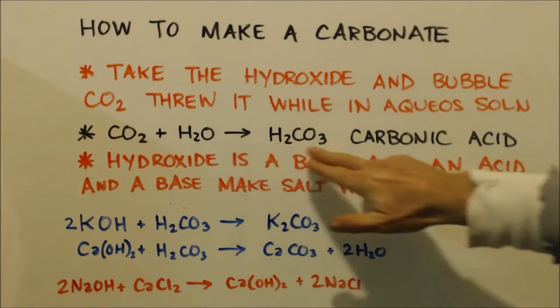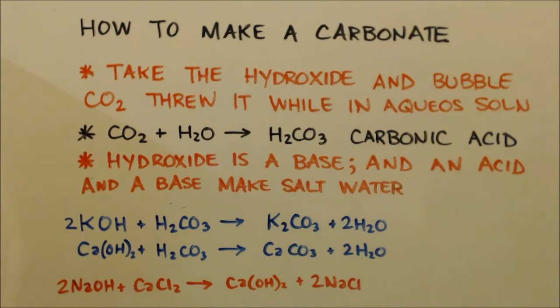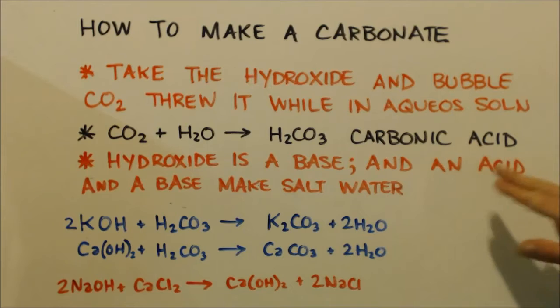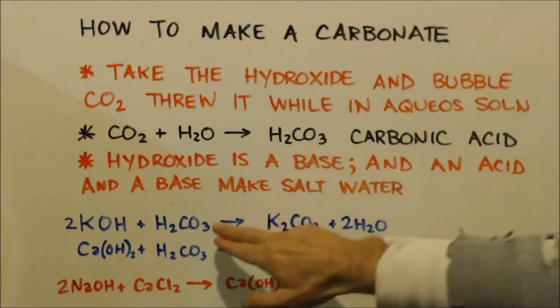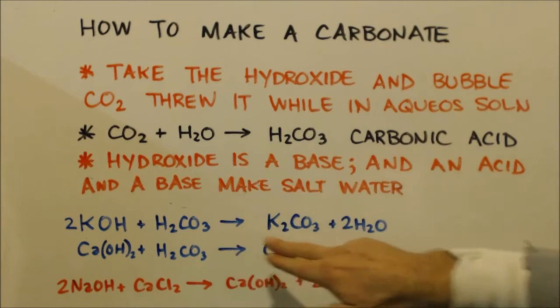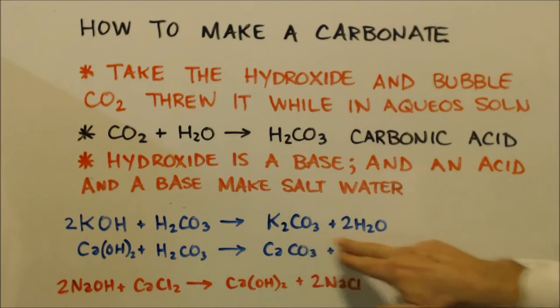CO2 and H2O make carbonic acid, right? And a hydroxide's a base and carbonic acid's an acid, and an acid and a base make salt and water. So look at these examples. I got potassium hydroxide here. If I put it in water and bubble CO2 through the water, I'd make carbonic acid, and then it would react to make salt and water.